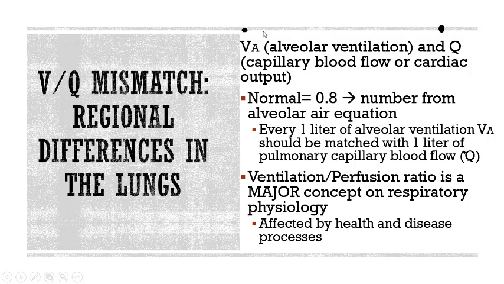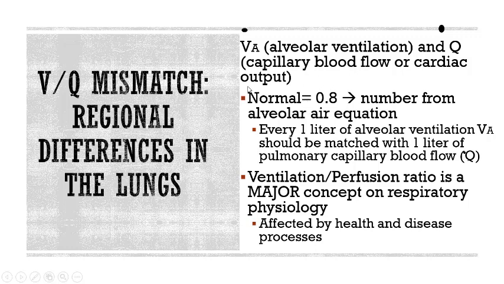And this little dot, which I am really bad at formatting, should technically be above both the V and the Q. You're going to see it without the dot most of the time. I try to do it one time the correct way, but these dots are little buggers and they move around, and it's not really that big of a deal. So V is ventilation, Q is blood flow or perfusion.